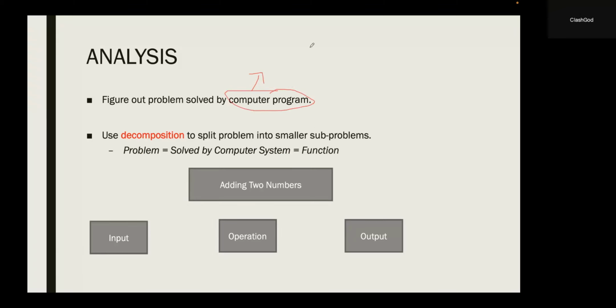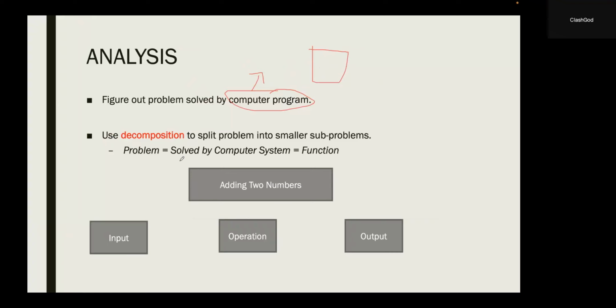For example, I have a calculator. A calculator can be considered a computer program. Now, the problem that the calculator solves is that you need to, for example, add large numbers or multiply large numbers. So you have to figure out the problem first.